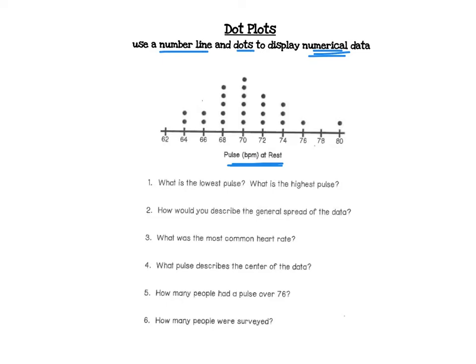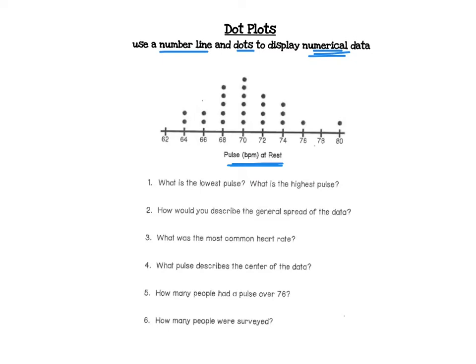I guess it didn't tell us that, but let's assume this is a group of people, and it's showing their pulse at rest. So let's just kind of work through this list of questions and practice reading and gathering data from a dot plot. We're also going to be analyzing the data or kind of looking at what it tells us.